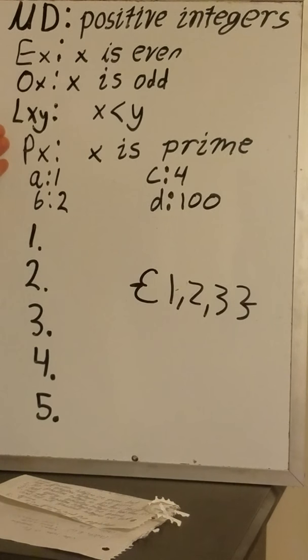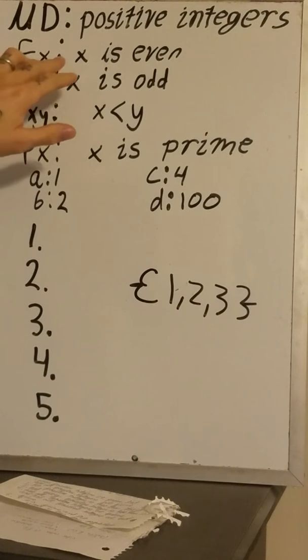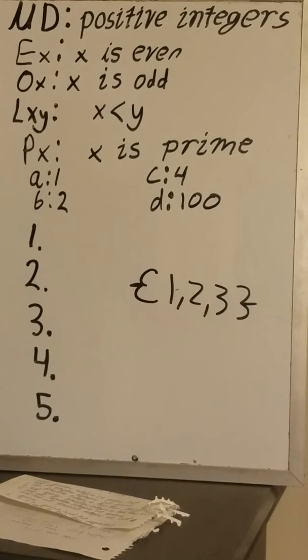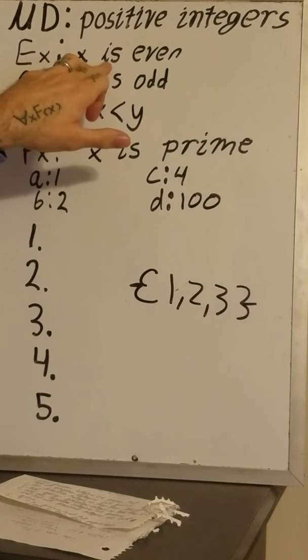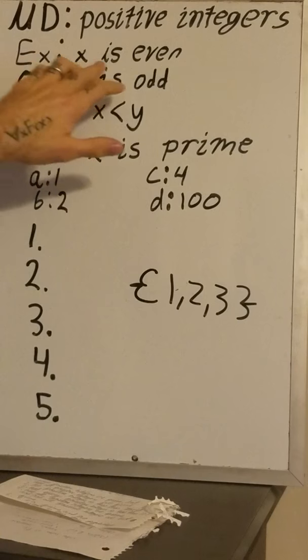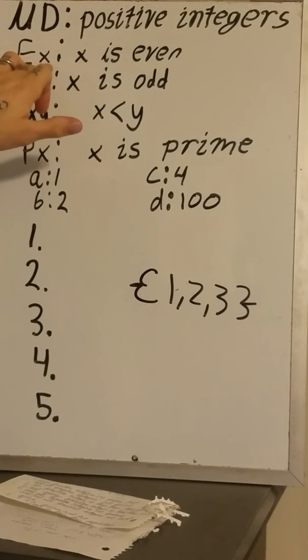Now we give the extensions of the predicates that we're going to be working with when we translate. And, again, we would list these. One way to do this is to have a set of everything that falls under that predicate, all the tuples that fall under that predicate. But there's an infinite number of even numbers. So we just have to give a description here of what EX means.